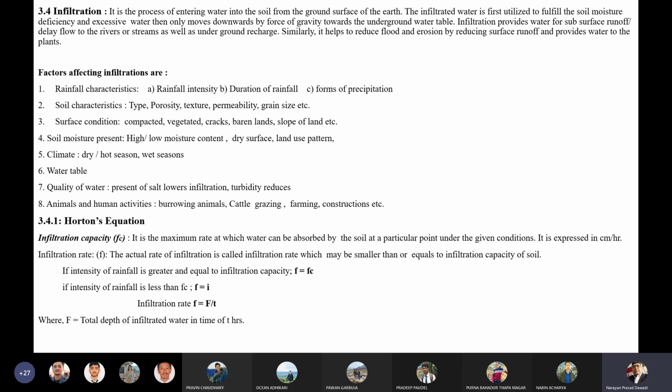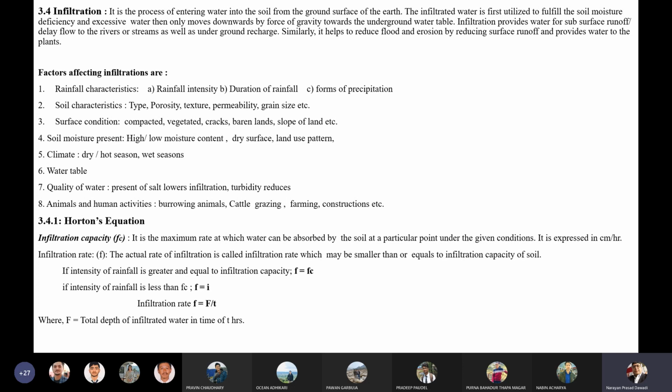If the soil is fully dry, it can absorb water at its infiltration capacity rate. That's why the infiltration rate and the infiltration capacity seem to be the same thing, but according to their definitions, they may be different.